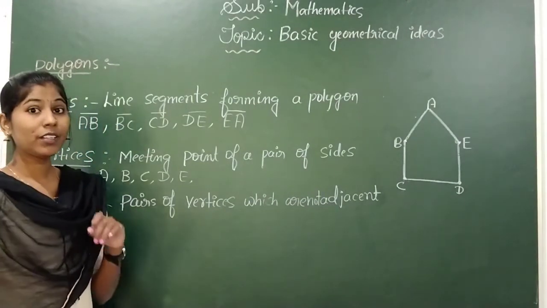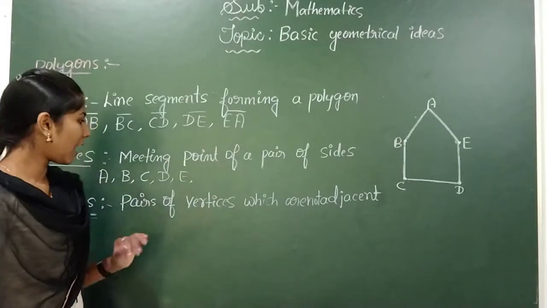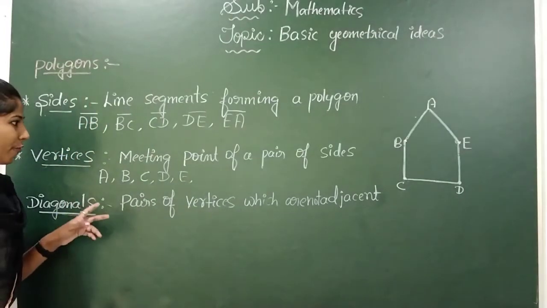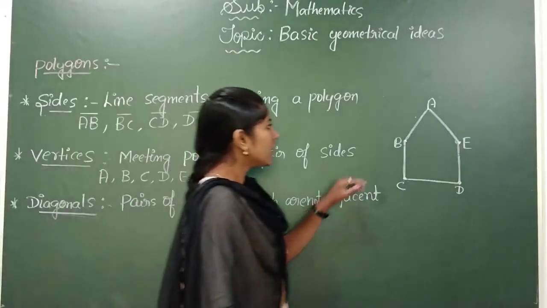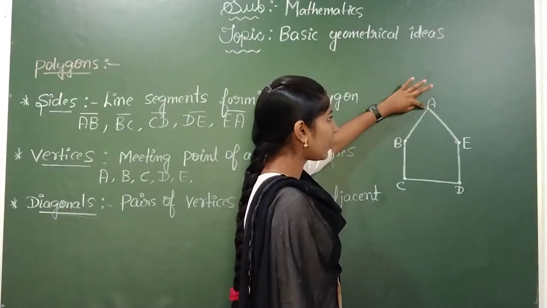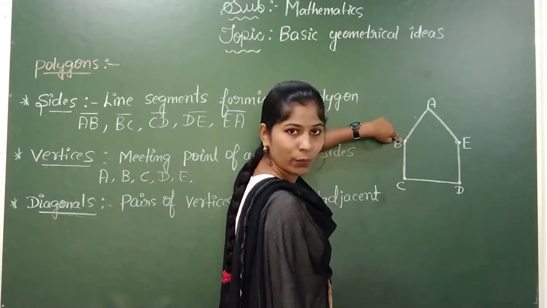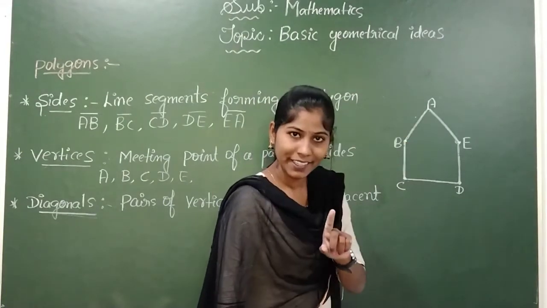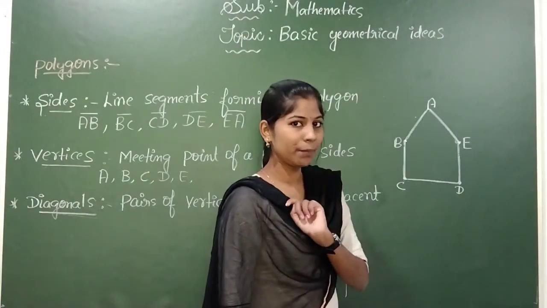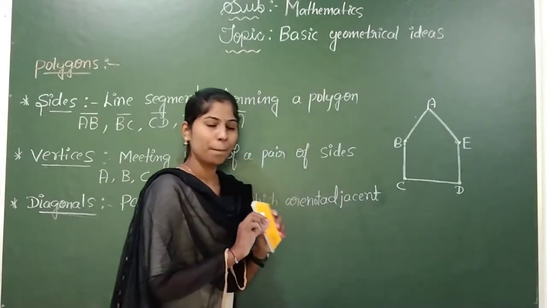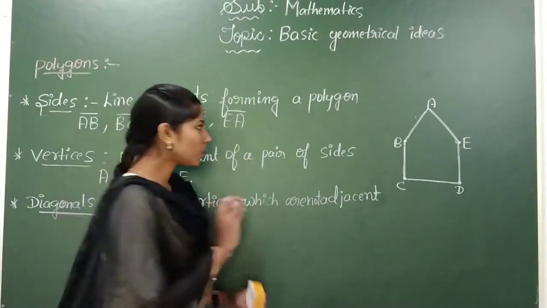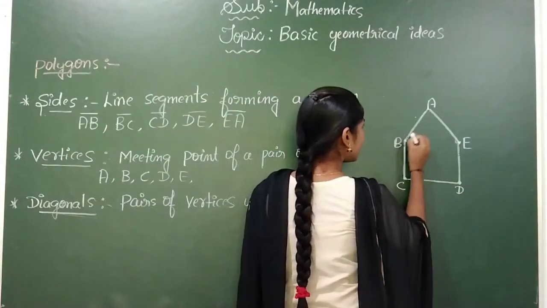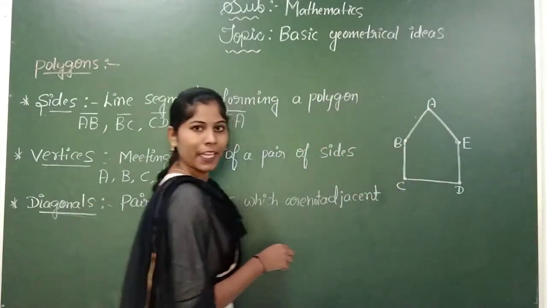First we have to learn what adjacent means. Adjacent vertices are those where one side has two ending points, the side is met by two points. Those vertices are called adjacent vertices.